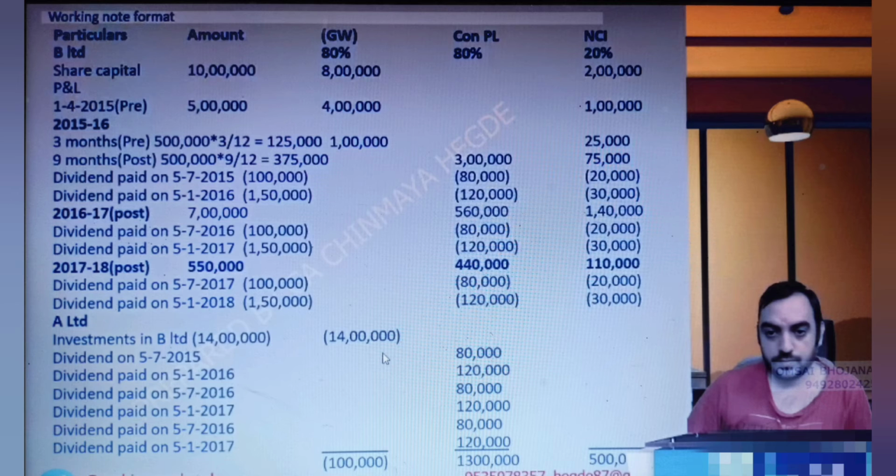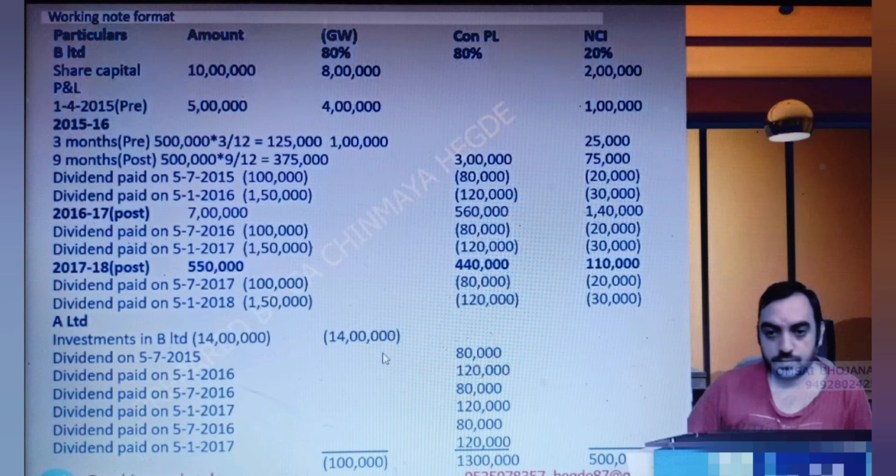Net assets account debit, goodwill account debit, to NCI, to cash, proportionate method. Net assets, we don't have specific information of assets and liabilities, so we'll use the share capital method, which we calculated.